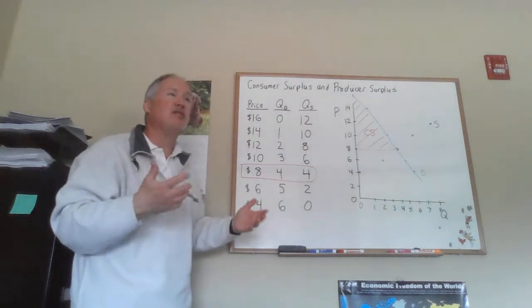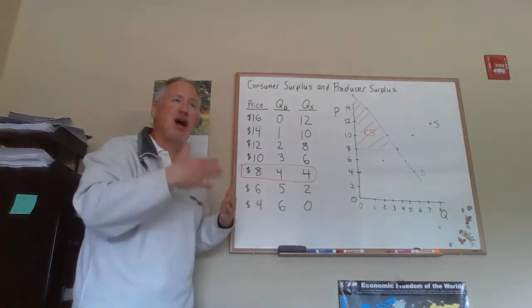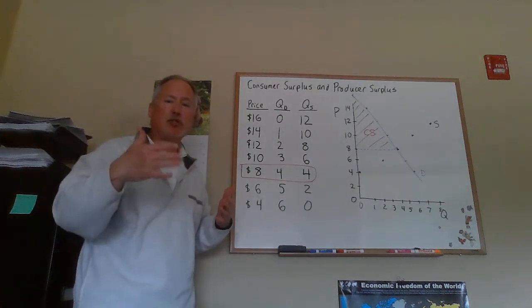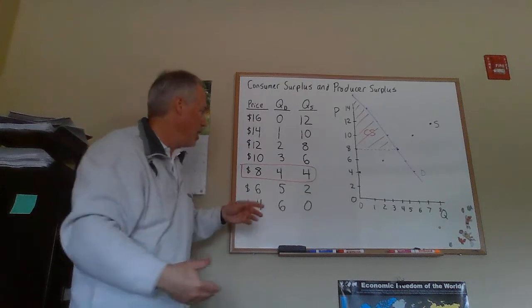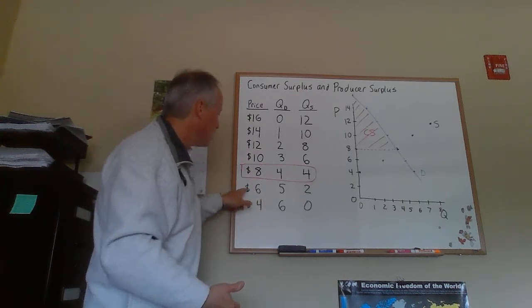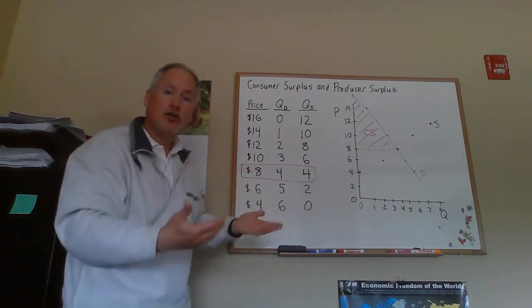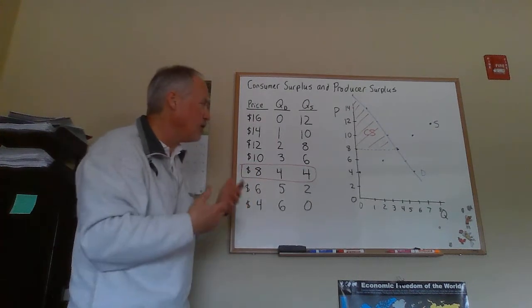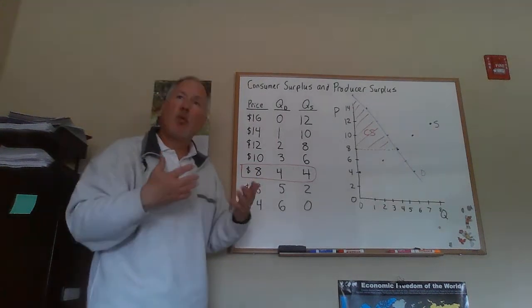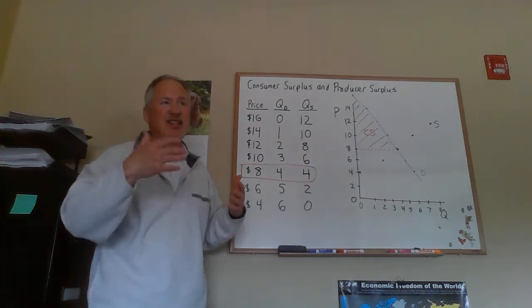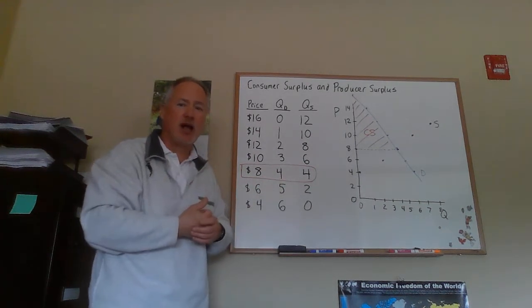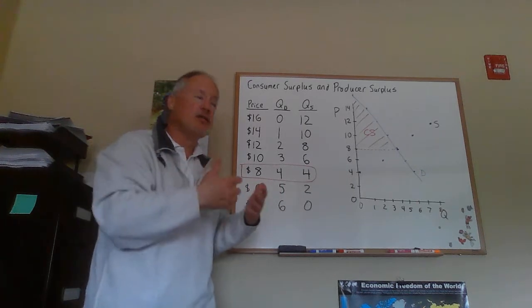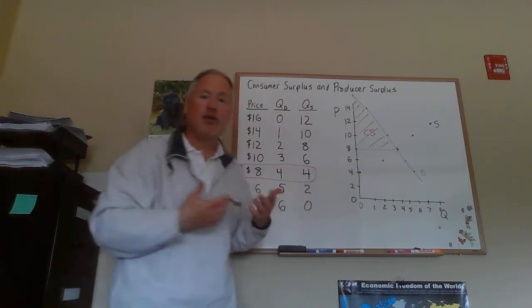That means that $4 is not enough to get any producer to supply even a single unit of this good. But at a price of $6, they're willing to supply two units of the good. So for the first 2 units, they must receive a price that's bigger than $4, somewhere between $4 and $6, and then they'd be willing to supply 2 units to the market.